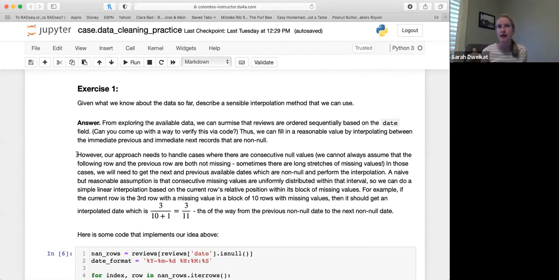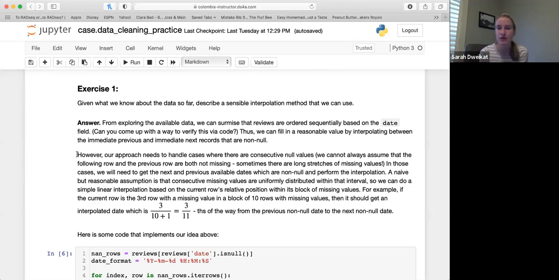Let's say we had one value starting at 10 minutes, and then we have 3 missing values, and then our next value is at 40 minutes. We want to do increments, so we would evenly space those missing time points in between that 10 minutes and that 40 minutes to fill in.